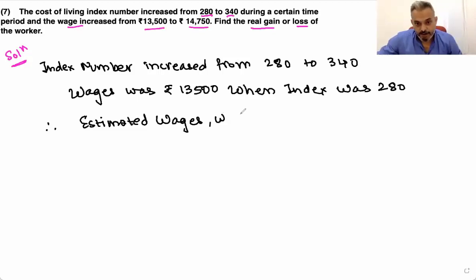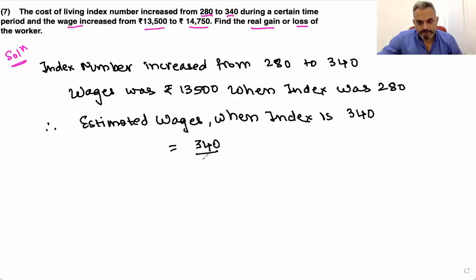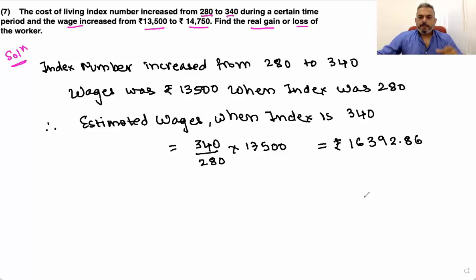Estimated wages when index is 340 is equal to 340 divided by 280 into 13,500, which is equal to rupees 16,392.857, so 86. Now this should be the estimated wages.